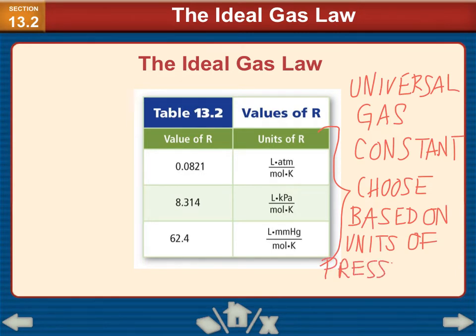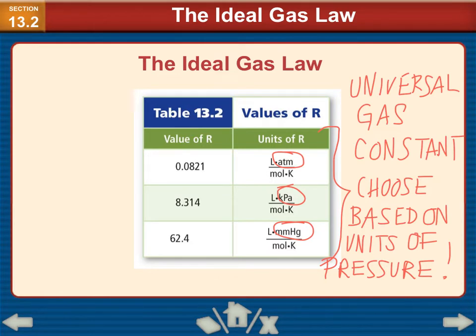If your pressure has units of kilopascals, then you pick the second value of R of 8.314 liter kilopascals per mole Kelvin. Finally, if your units of pressure are in millimeters of mercury, you would select a value of R equal to 62.4 liter millimeters of mercury per mole Kelvin.